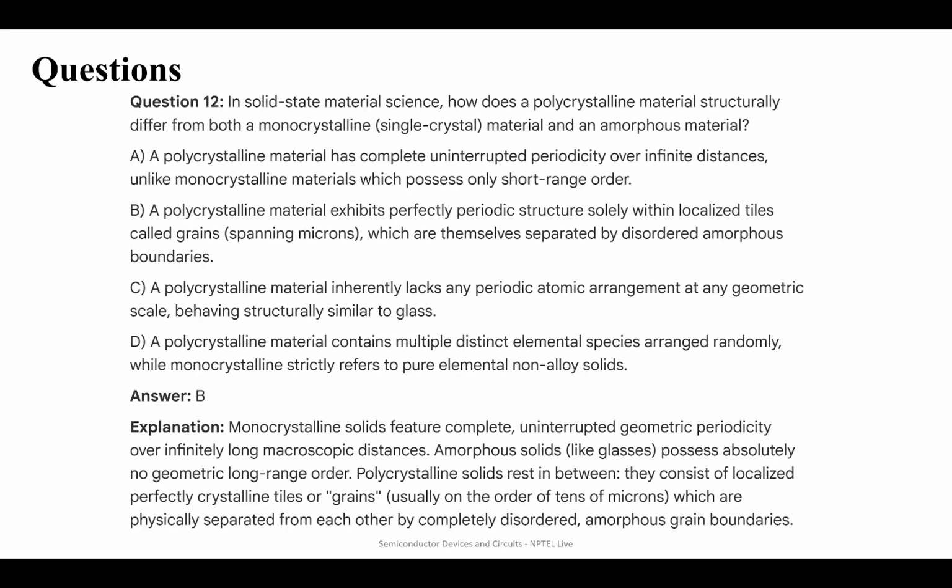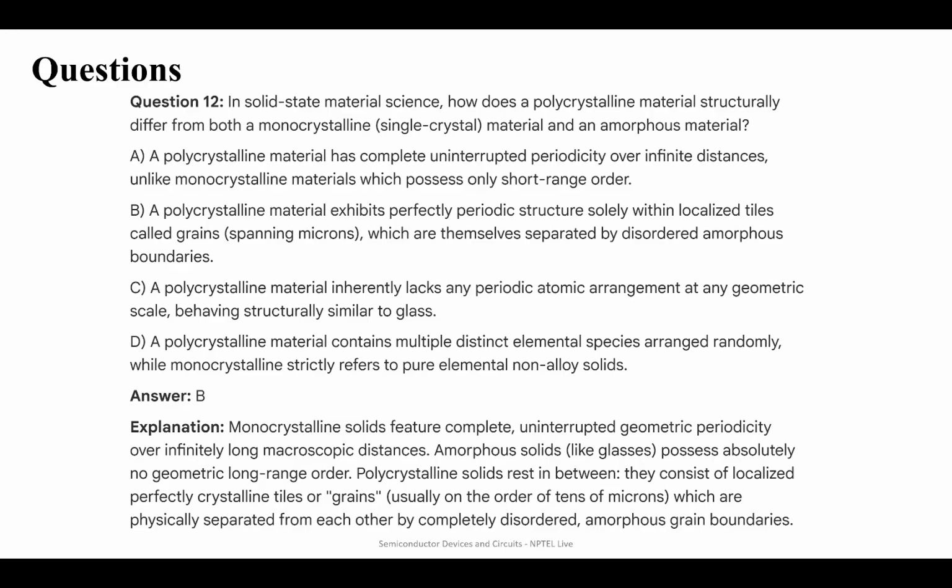So the correct answer is B. A monocrystalline solid features complete, uninterrupted geometrical periodicity over infinitely long macroscopic distances. Amorphous solids like glasses possess absolutely no geometric long-range order. Polycrystalline solids rest in between.